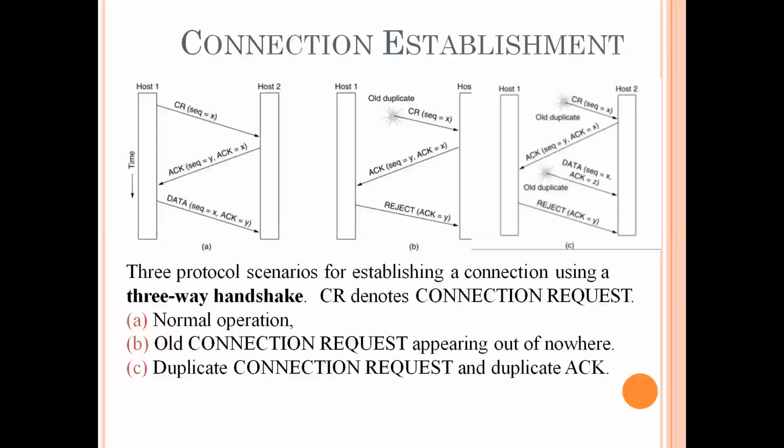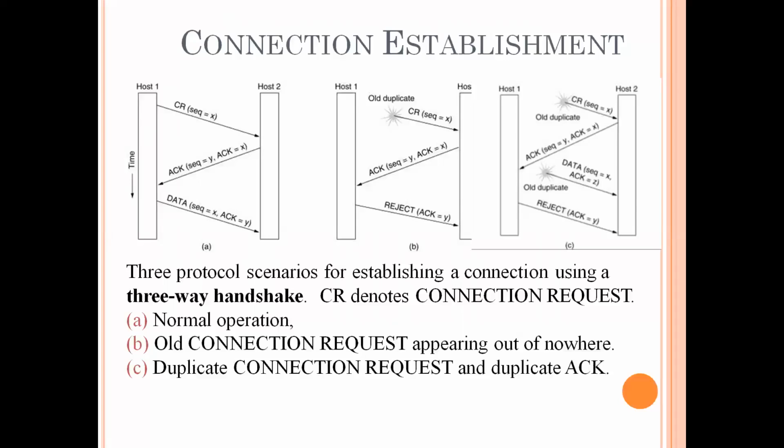To overcome this problem, we deal with delayed duplicates. The various ways to attack the problem are using a throwaway transport address, giving each connection a connection identifier, or a mechanism to kill off aged packets, such as restricted subnet design, hop counters, or time stamping.